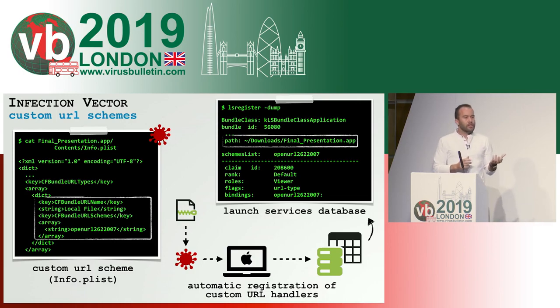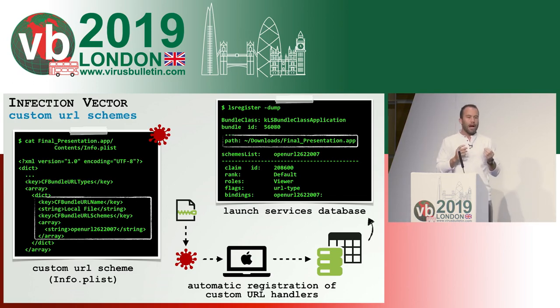So via the lsregister command, a built-in utility in macOS, we can dump the system database, and we can see that once the malware has hit the file system, this database automatically creates an entry that maps the malware to this custom URL scheme. But again, I want to stress this happens automatically as soon as the app hits the file system. Again, no user interaction involved at this point.